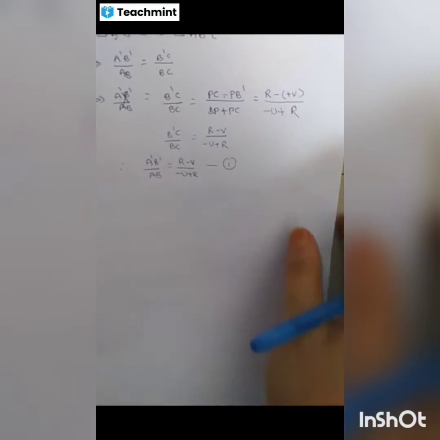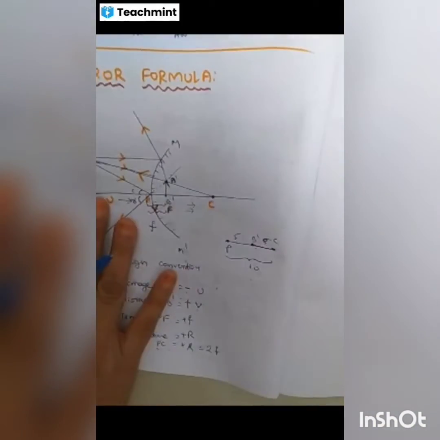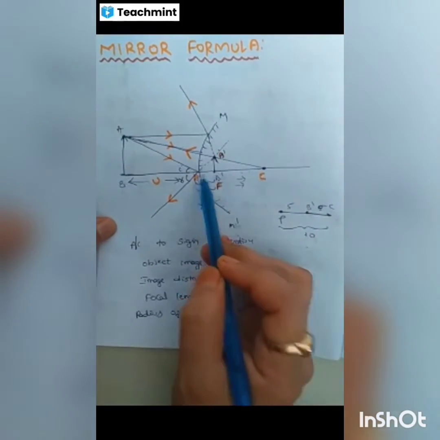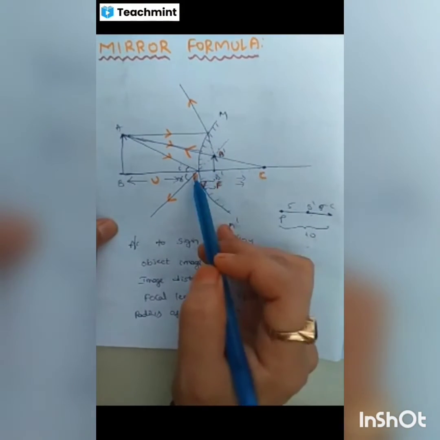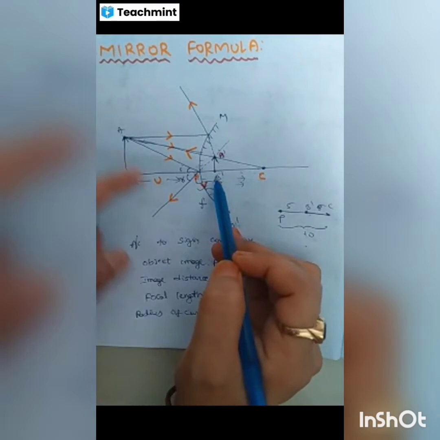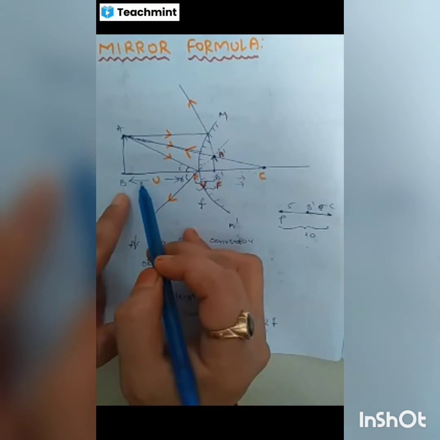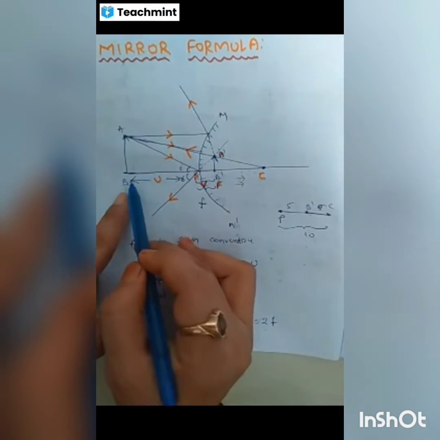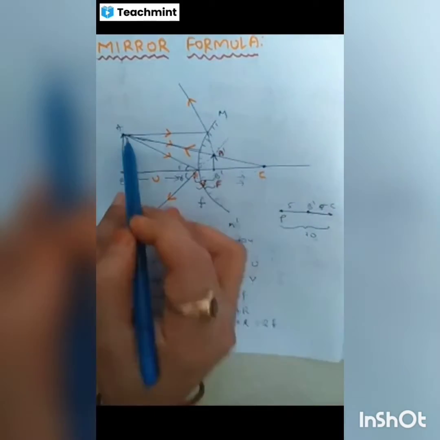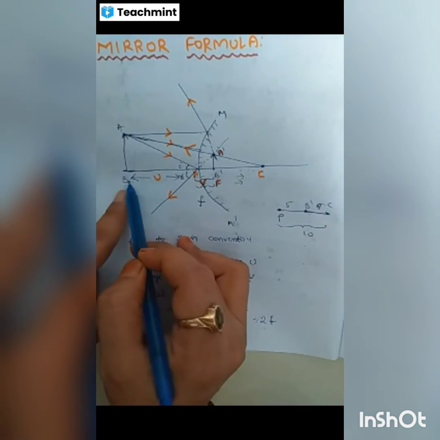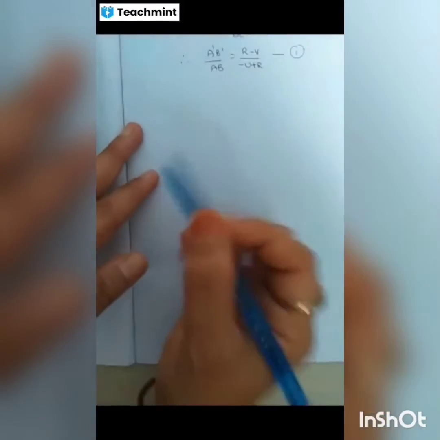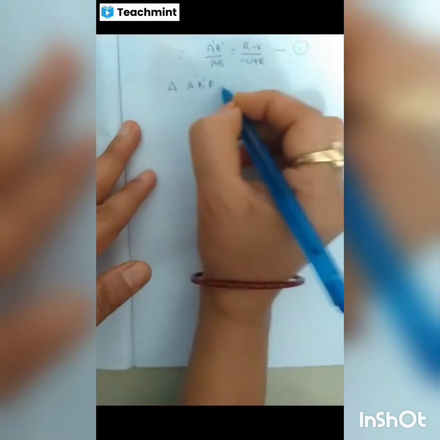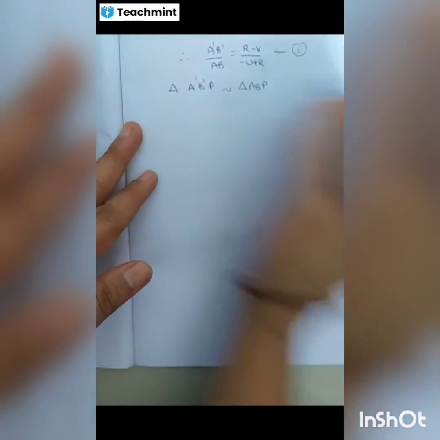Now we go to angle A dash P B dash. A dash P B dash is equal to angle A P B. So also we can write like this: triangle A dash B dash P is identical to triangle ABP.